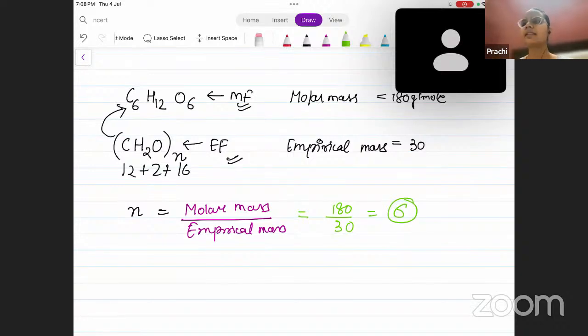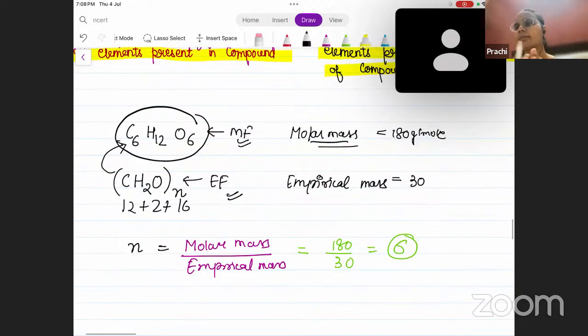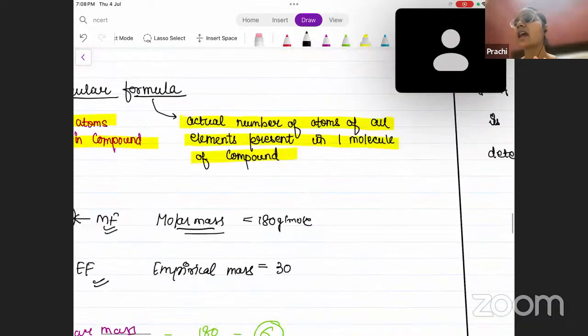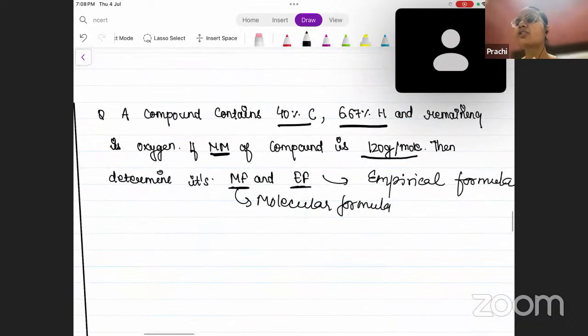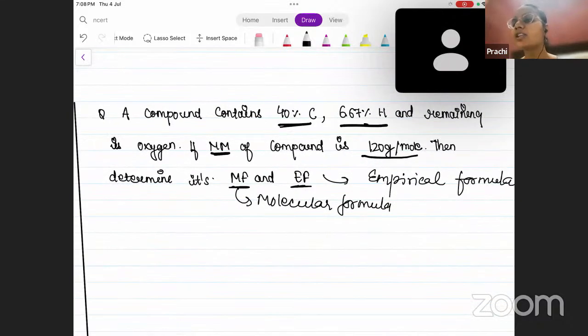So you can see here, let's suppose it was not known to me what the molecular formula is, and in the numerical what is given to me is just the molar mass and the percentage composition. That is how this question is. What you are given in this numerical is the percentage of elements and the molar mass, and then they are asking for the molecular formula and the empirical formula.